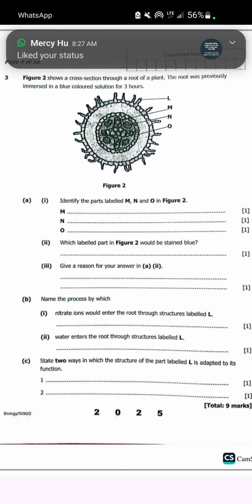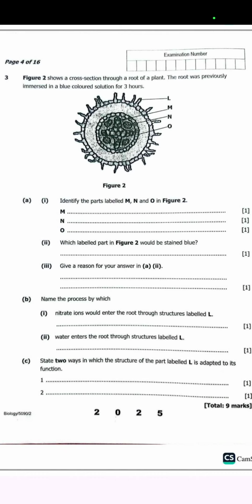the answers. Okay, so now before we attempt any question, it is important to read the statement of the question and study the diagram properly. Then we can answer other questions. Okay, so now in our case, the statement is saying figure 2 shows a cross section through a root of a plant.